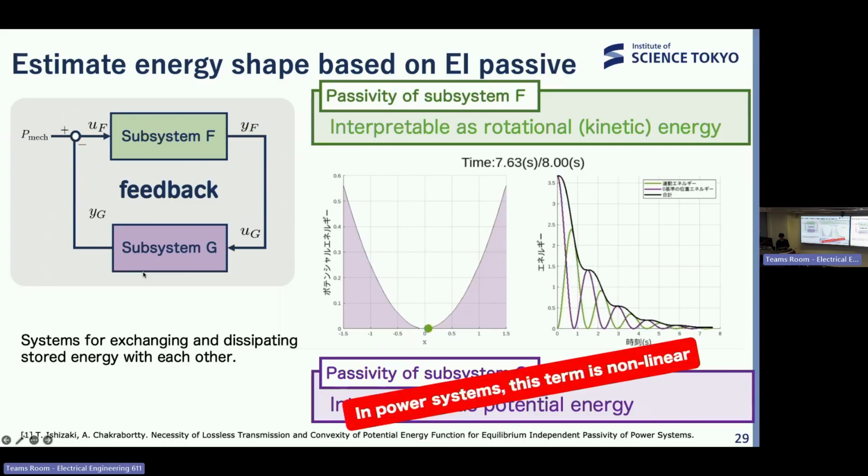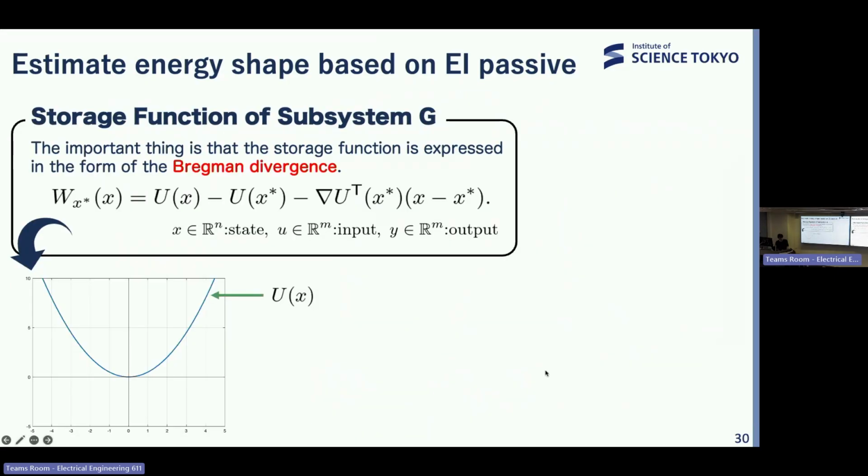But in practice, the shape of the potential energy function can't be obtained exactly because it is a nonlinear system. So in this research, we want to estimate the shape of the energy functions.